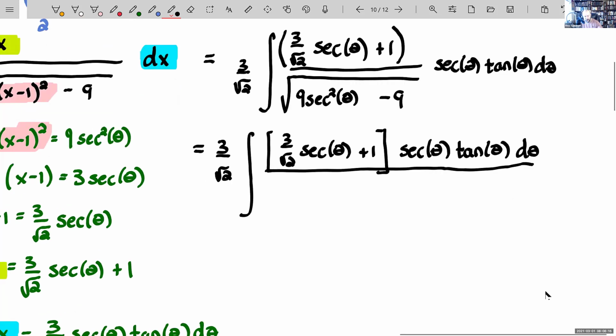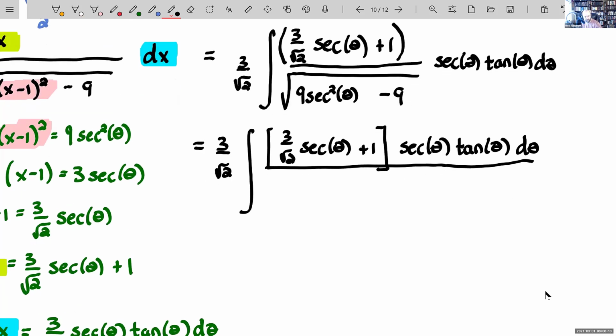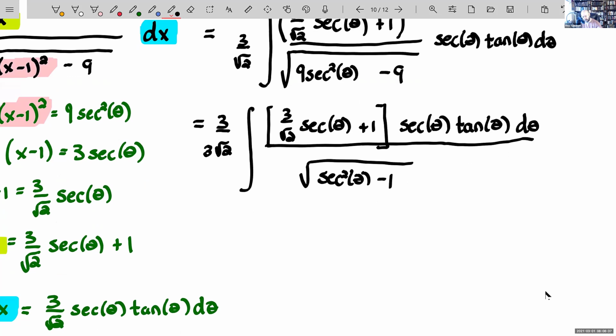And that's all over, I'm going to take out the square root of 9 and park it out front. So obviously those 3's will cancel, and we'll have the square root of secant squared minus 1. But we know that secant squared minus 1 is the tangent squared. So that's the square root of tangent squared.